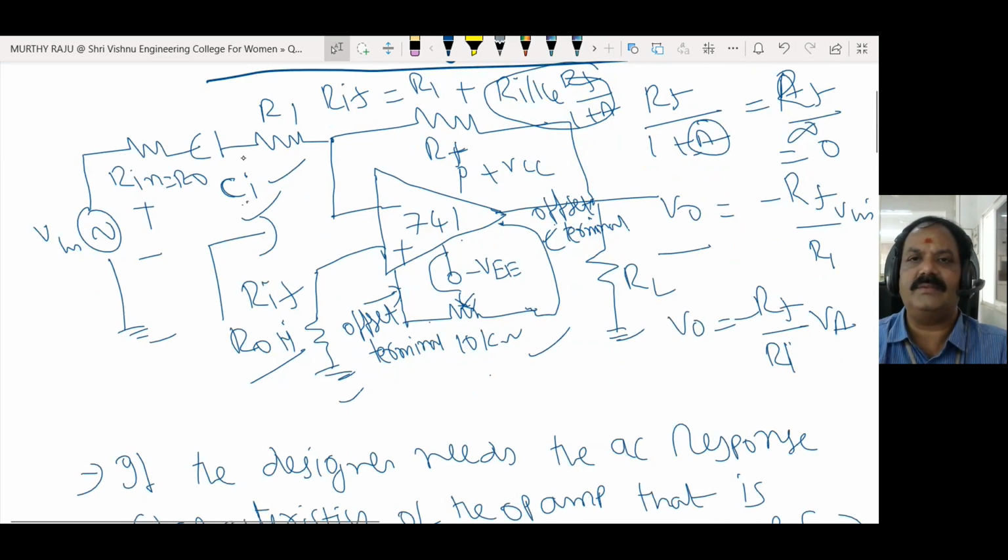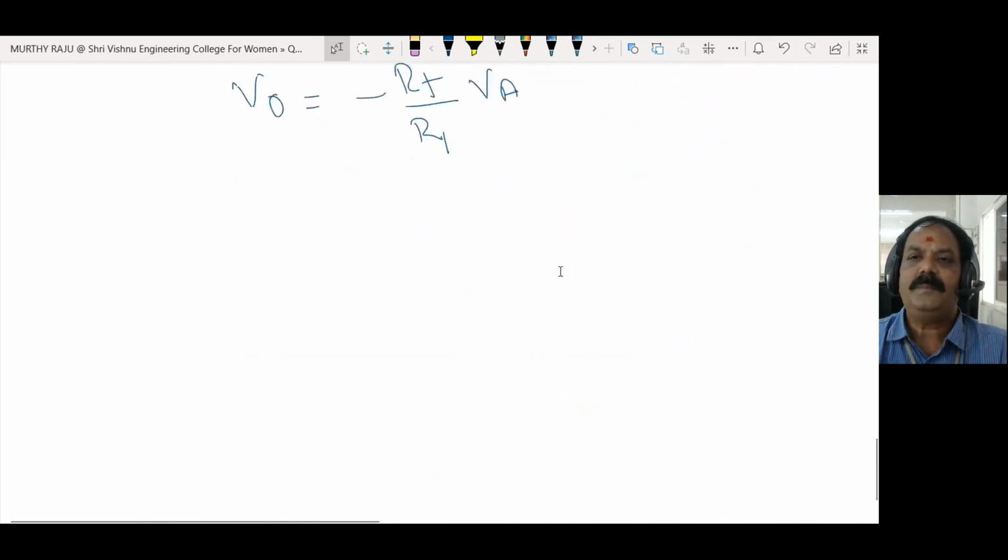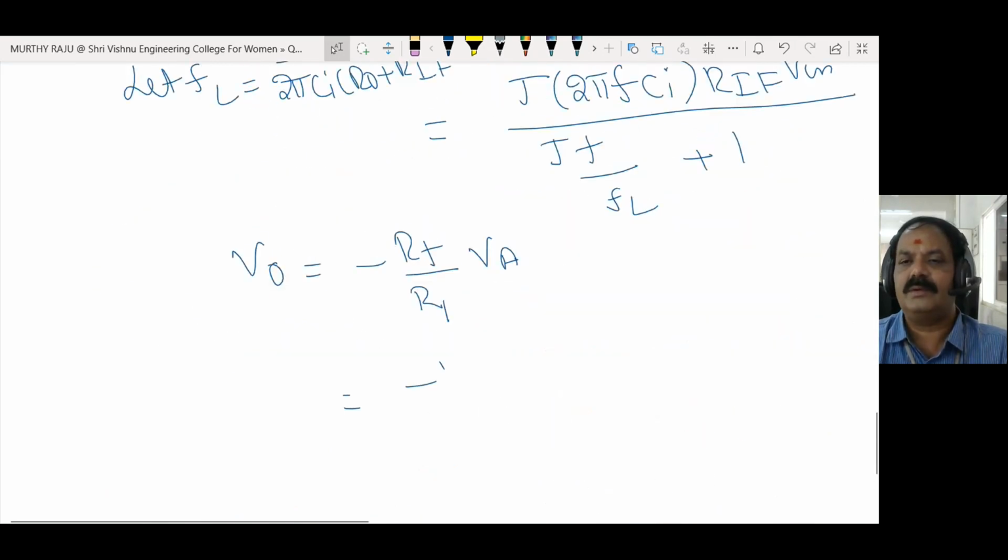Here VA is applied to the non-inverting terminal of the op-amp. Therefore, V naught is equal to minus RF by R1 into V in. V in is nothing but VA. Therefore, minus RF by R1.